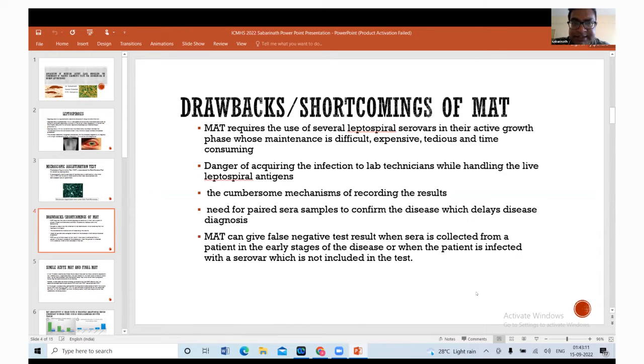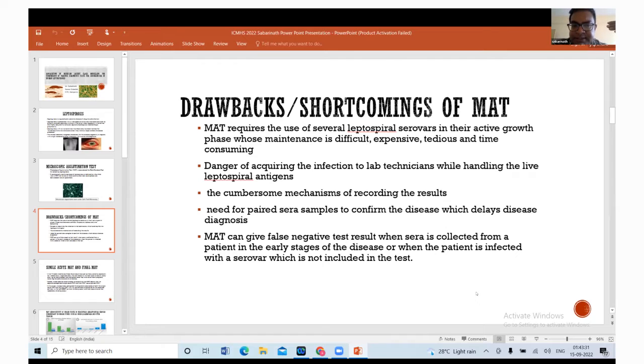Even though MAT is considered the gold standard test for leptospirosis, there are various drawbacks associated with MAT. For example, MAT requires several leptospiral serovars in the active growth phase, whose maintenance is difficult, expensive, tedious, and time consuming. And since live leptospiral serovars are used, there is a danger of acquiring the infection to lab technicians.